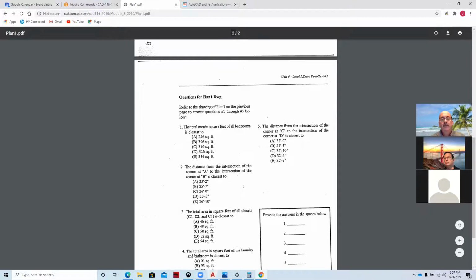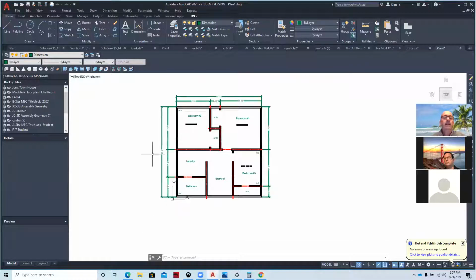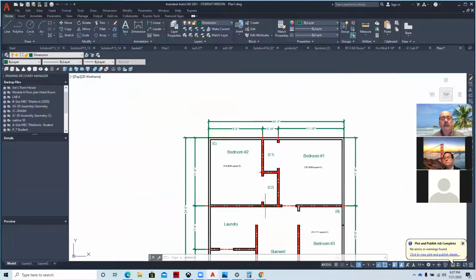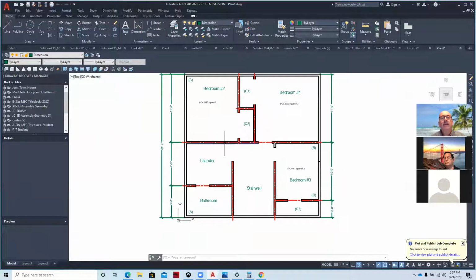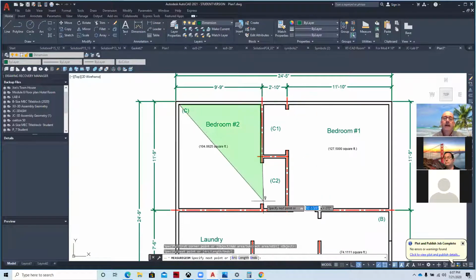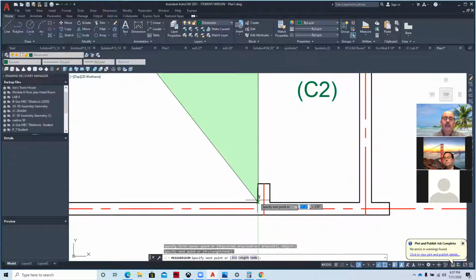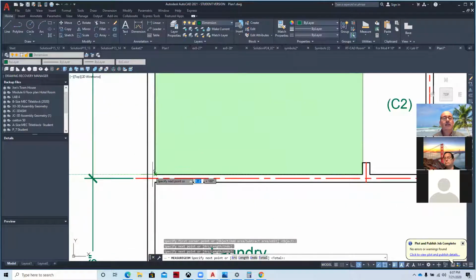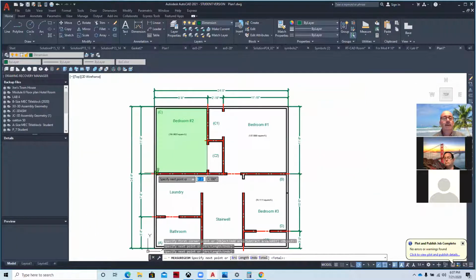So what I would do is switch back to the drawing and then calculate it. Now, I calculated all of the rooms and put the values on there, just as a way for people to see how to do it. So if we go here to area, I wasn't sure if they included the closets, so I did it a couple of times, and I determined they did not include the closets by the values that they gave us as options.